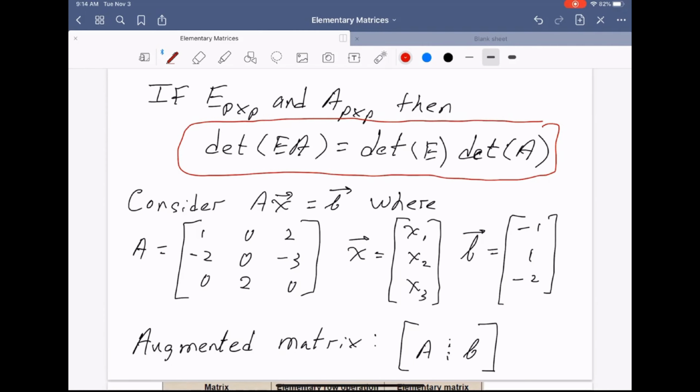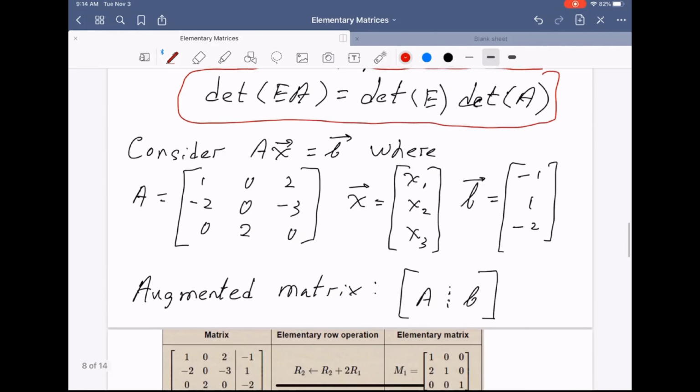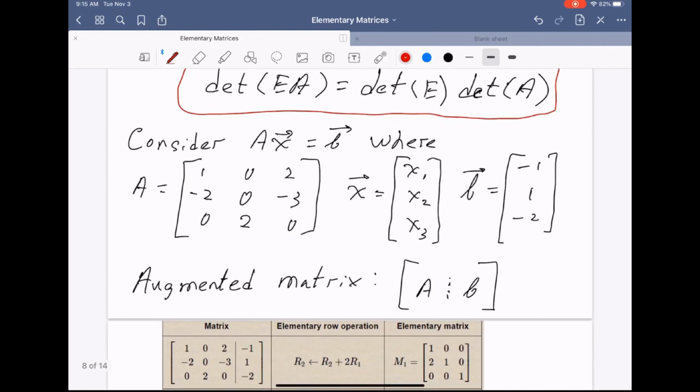All right, so now let's consider a particular A matrix. So we have that matrix A, which looks like this here, and you can pretty well see right away that the determinant is non-singular. In other words, it's not going to be 0 because you've got elements in each of the rows or each of the columns.